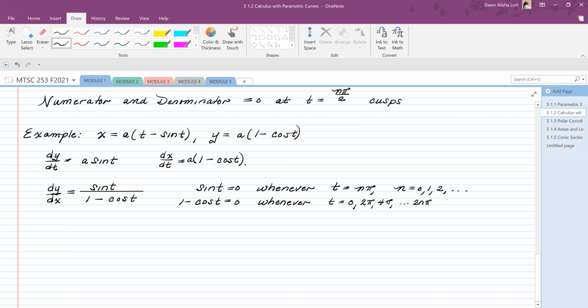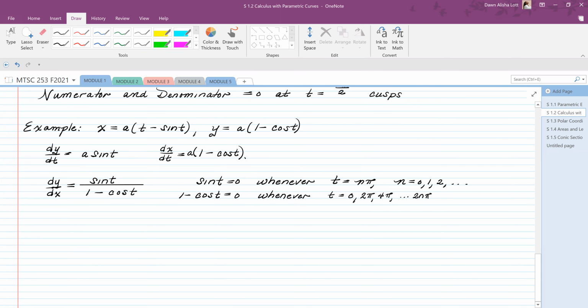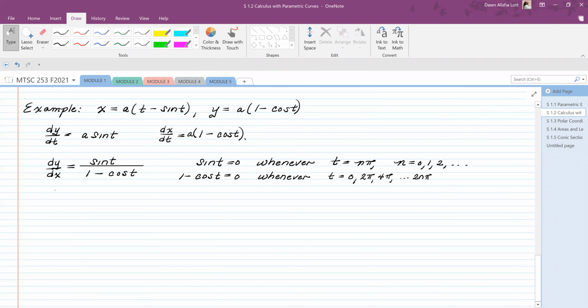So I need to throw away all of the even ones. So therefore I get dy/dx equal to 0 only when t is an odd multiple of pi. So these are horizontal tangents.